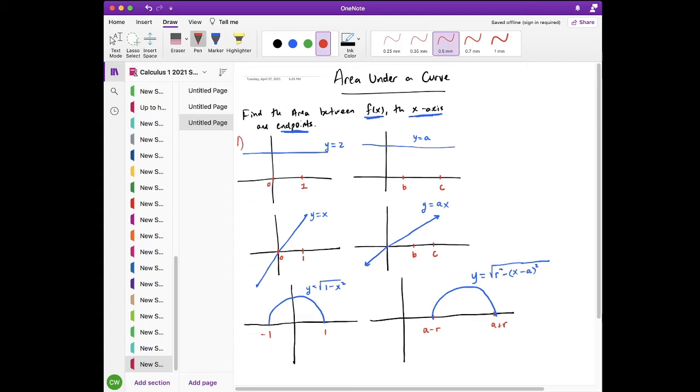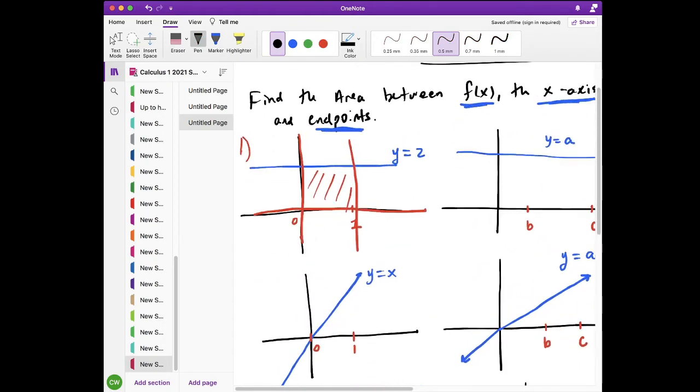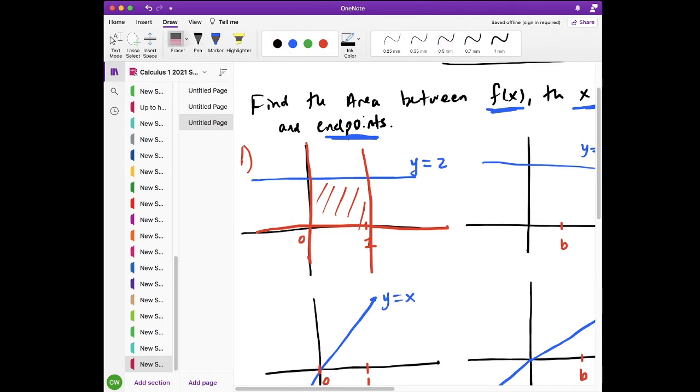I want to find the area underneath y equals 2, bounded between the x-axis and the endpoints 0 and 1. So how do I find the area? Yeah, so x times y. What's x? What's y? This is a specific region.